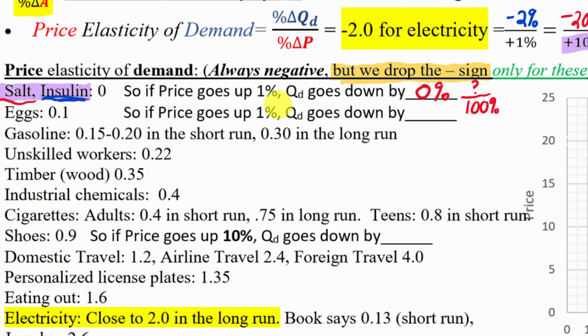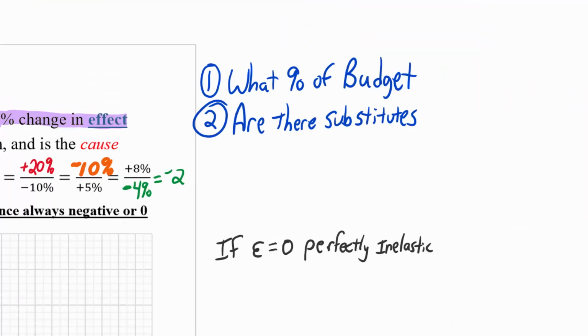But this brings us to the second thing that affects how price elastic goods are, and that is, are there any good substitutes? So the idea here is, look, if the price of insulin goes up, it's not like you can switch to buying something else that's going to serve as the medicine you have to have.